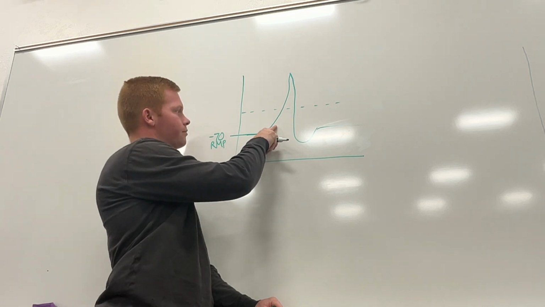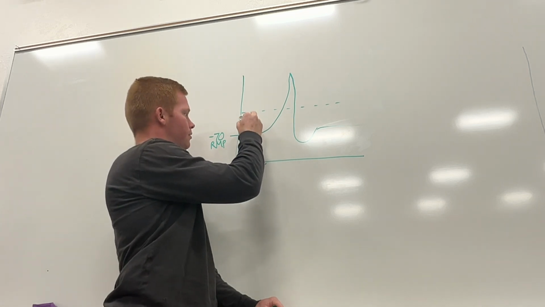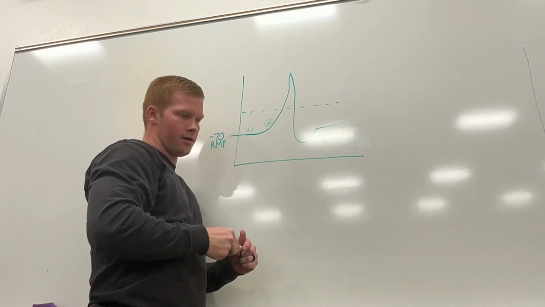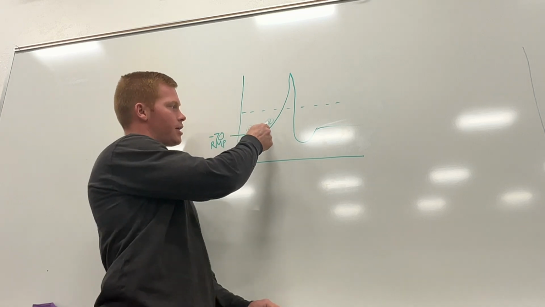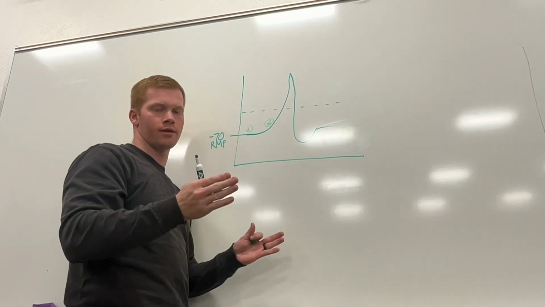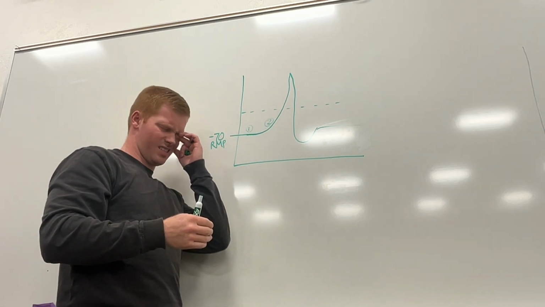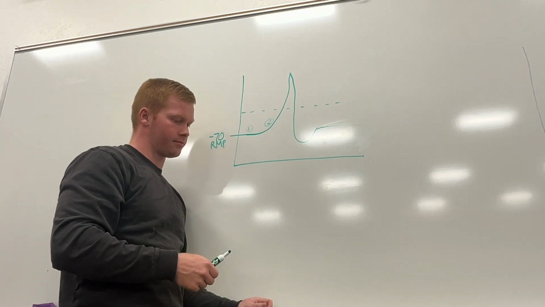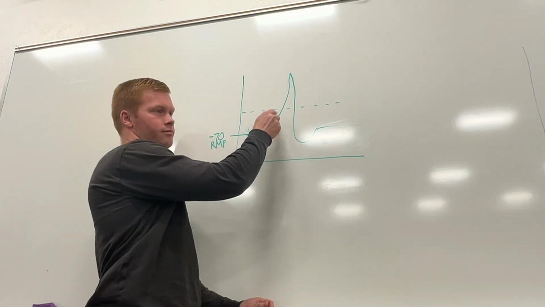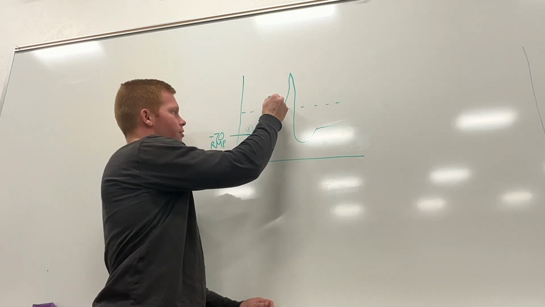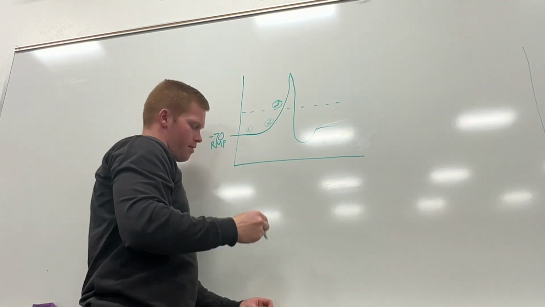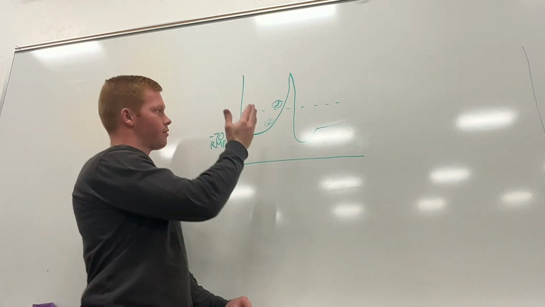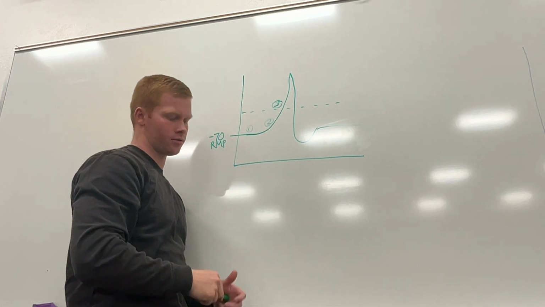Then here, at number 2, the ligand gated channels or the mechanical channels open due to a stimulus, and it gets more positive. But then here at number 3, this is where it hits the threshold. If it gets to number 3, the threshold, it will do an action potential.